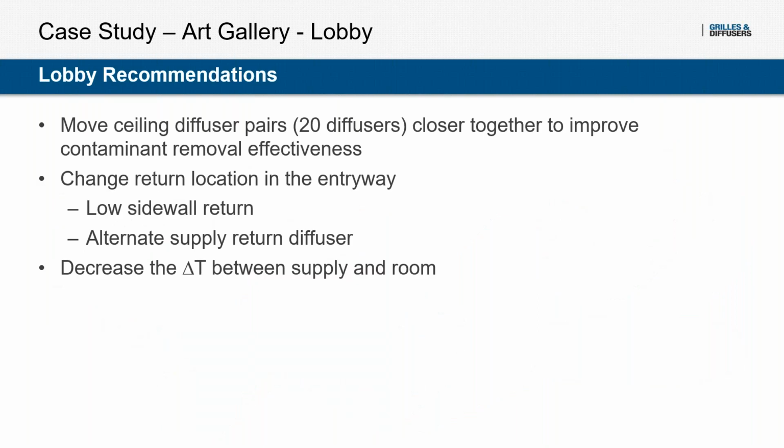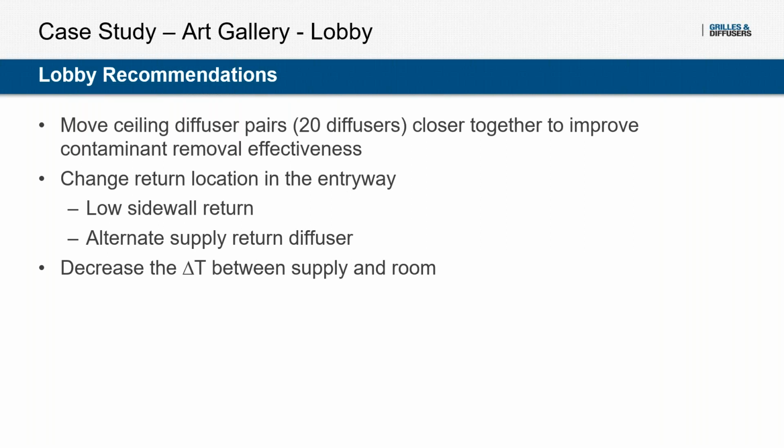So what were our recommendations for this art gallery? Our first recommendation was to move the ceiling diffusers, those 20 diffusers that were conditioning the mezzanine, closer together to improve the contaminant removal effectiveness. So really to just condition the lobby more than the mezzanine.